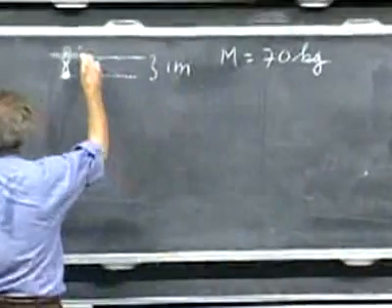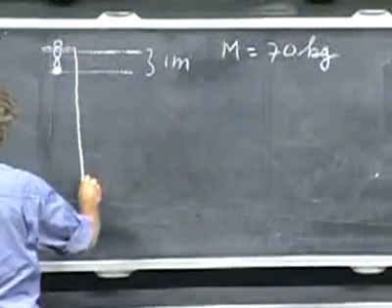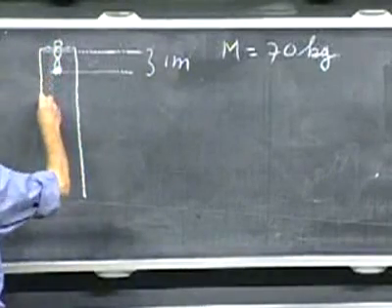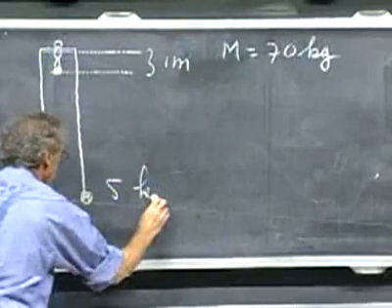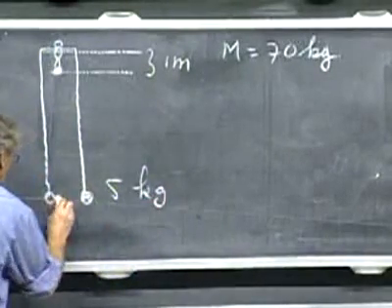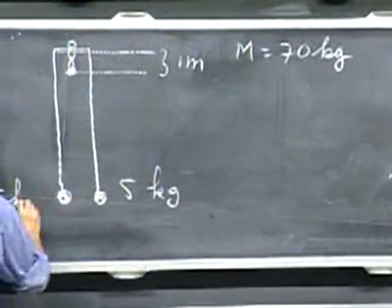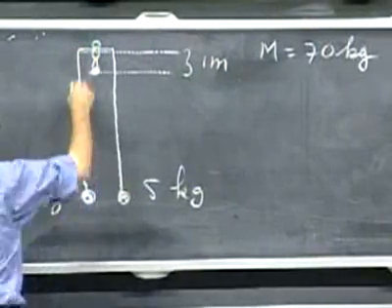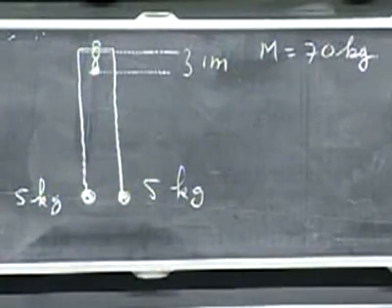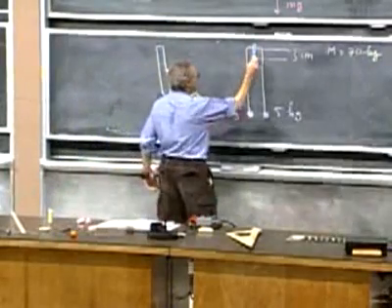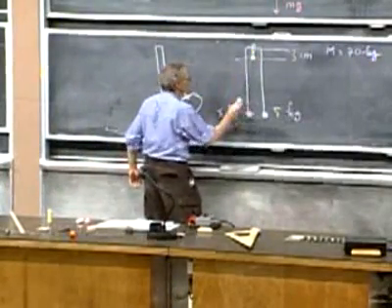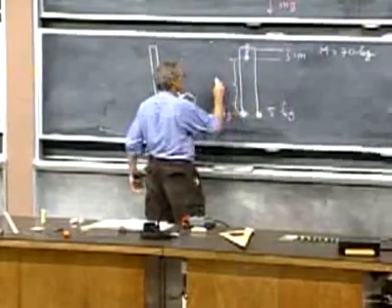And it goes down quite a distance. And I put here a mass of 5 kilograms, and here a mass of 5 kilograms. Let's assume that this structure is very lightweight, so that we can ignore that. And let this distance be 10 meters.